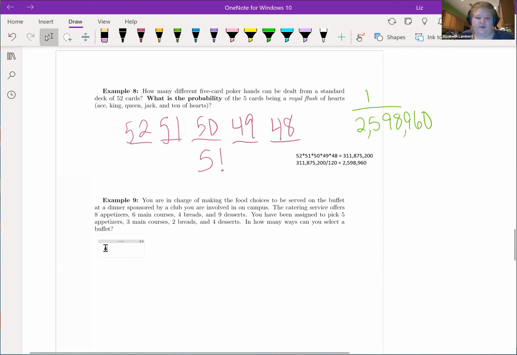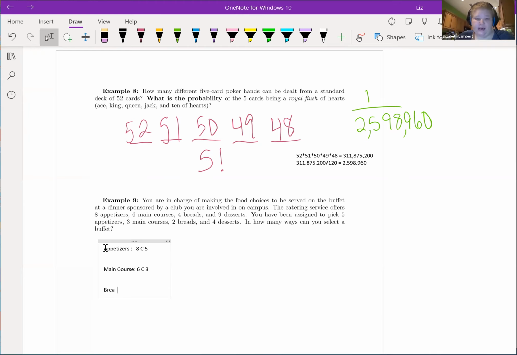So we have appetizers. There are 8, and I'm going to choose 5. So I'm going to do some typing here just to keep it a little more organized. The main course, there are 6, and I'm going to choose 3.